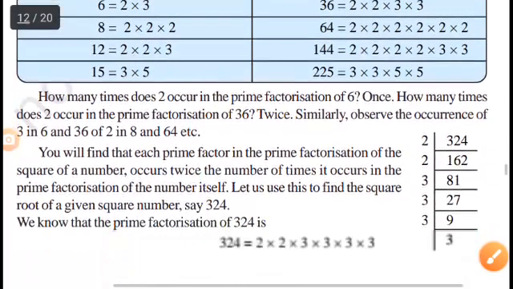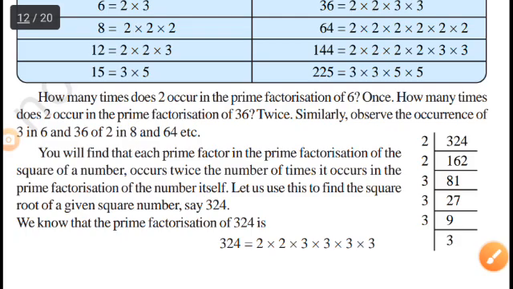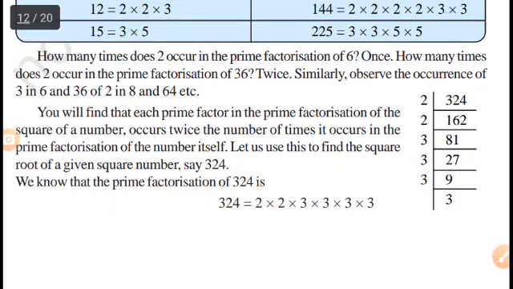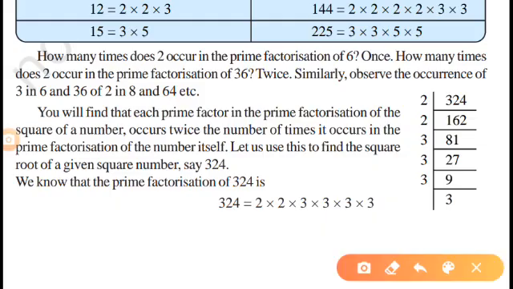Now what is the use of prime factorization in this section? It is the most frequent method that we use to find the square root of any number. For example, if we are willing to find the square root of 36, we first find the prime factorization of 36. We divide by 2, we get 18.